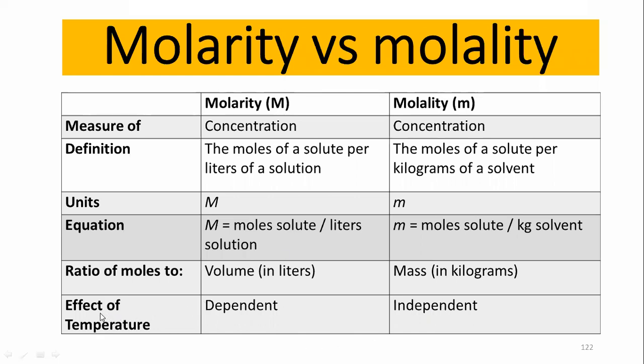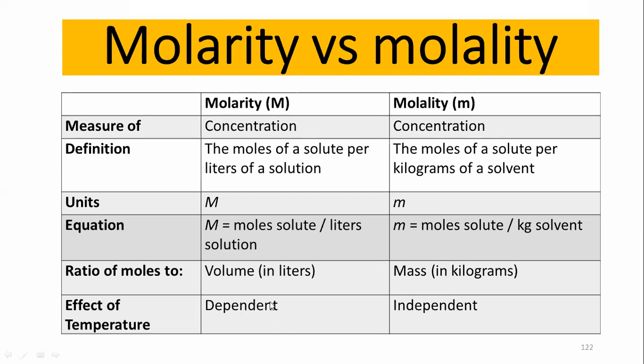Molarity is temperature dependent. That means when you increase the temperature, there may be expansion in the volume. And when the volume expands, it is going to affect the concentration of the molarity, because this is the moles of the solute per liter of the solution.